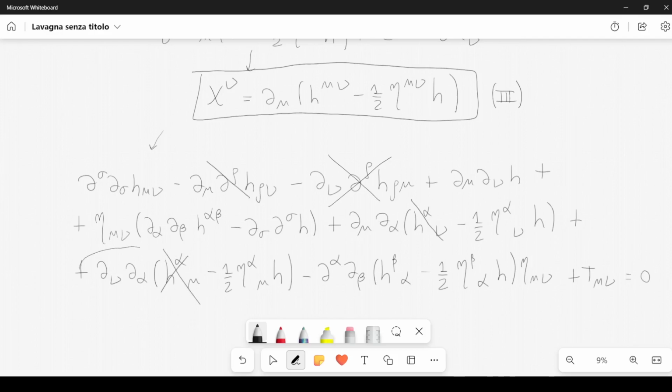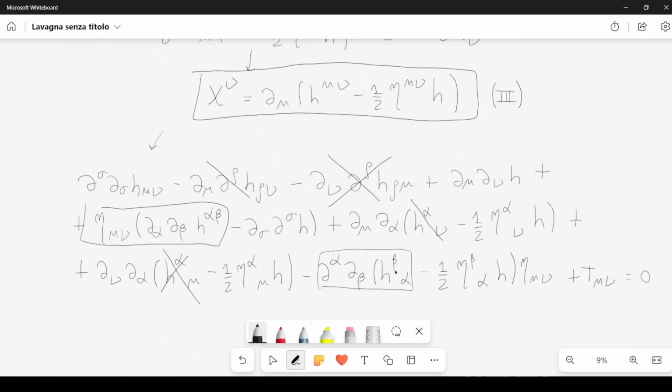So you can see that this one is exactly this one with a minus sign if you lower this alpha and if you raise this alpha. Then what else do we have? This one here will cancel this one here, multiplied of course by eta mu nu. So I'm just highlighting it like this.